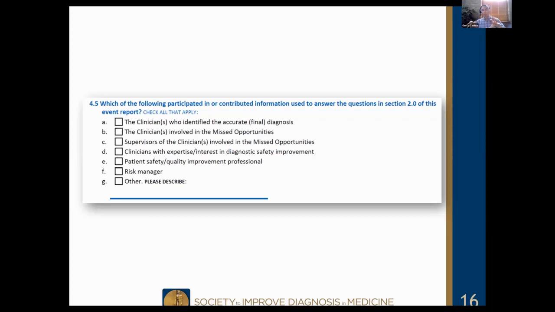What it allows an organization to do is a better job of looking within that organization at where the problems are, and to characterize those problems so that they can leverage improvement resources, developing some sort of quality improvement project around closing the loop around test results, for example. If they identify that as a problem from safety event reporting, they can say to the hospital CEO, this is why we should be focusing on this, or this is why we should be doing a better job of getting patients' feedback on these types of events.